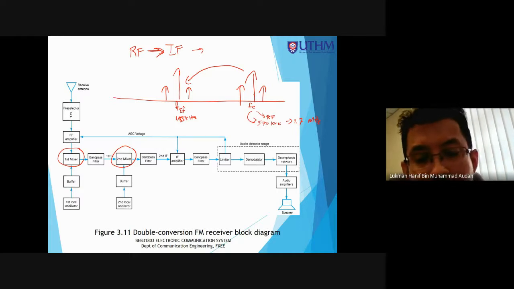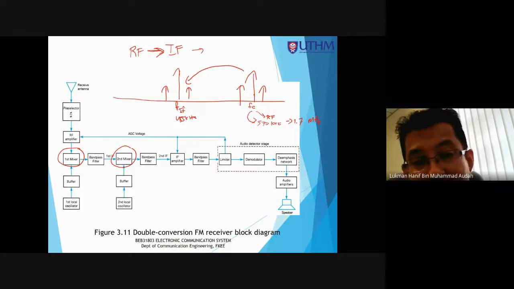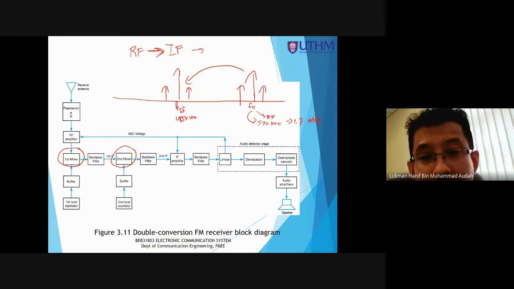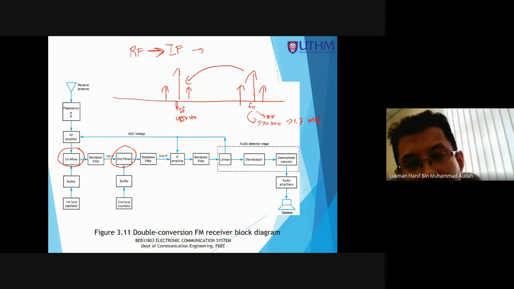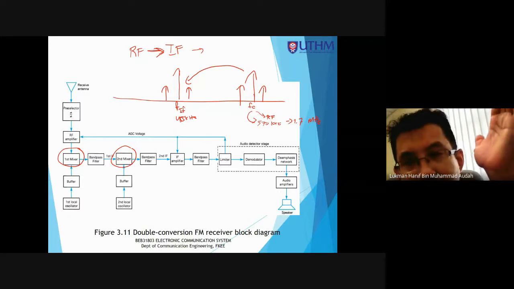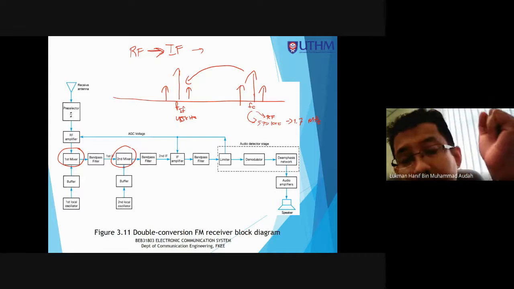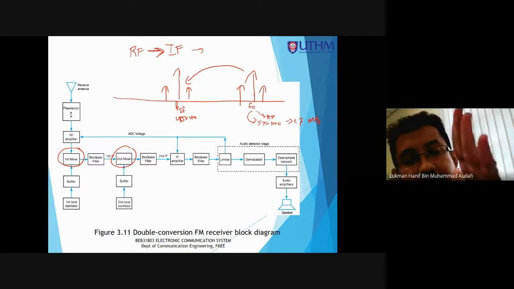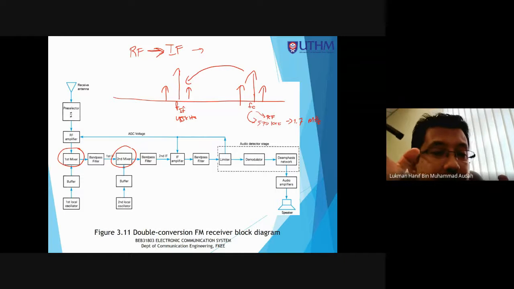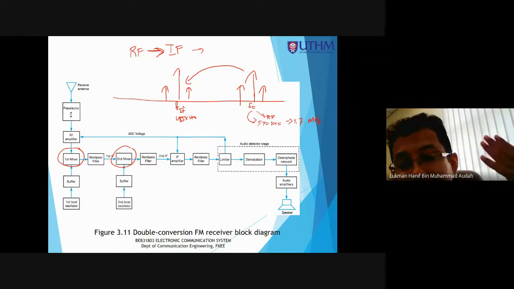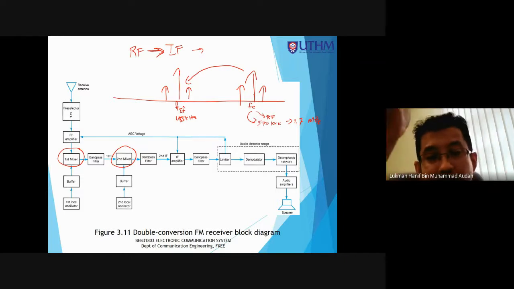Tetapi untuk FM signal dia punya range adalah besar, daripada 88 mega sehingga 108 mega. Okay, so that's why kalau RF dia dalam range yang besar 88 mega sehingga 108 mega, kita tak boleh buat down conversion sekali. Kita perlu buat down conversion lebih daripada sekali. Kita perlu turunkan one by one.